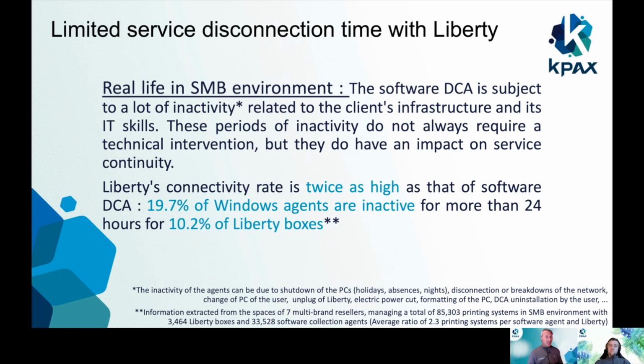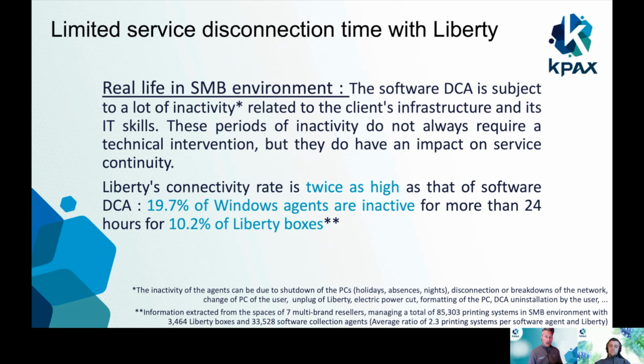It can be seen that software agents can be subject to many causes of inactivity, such as simply a PC shutdown, a network disconnection or failure, changing the user's PC, a disconnection of a Liberty, hardware disconnection, power failure, PC formatting, or an uninstallation of the software agent by the user.